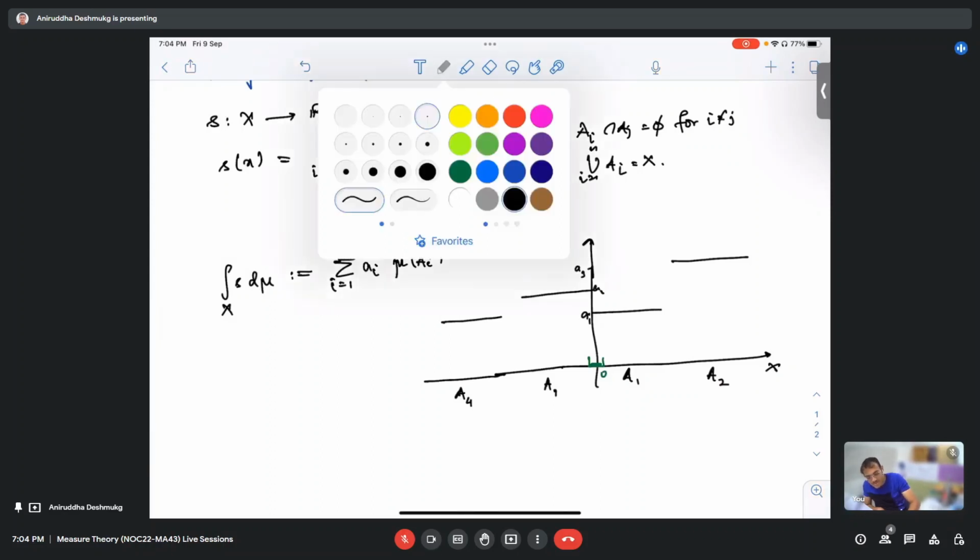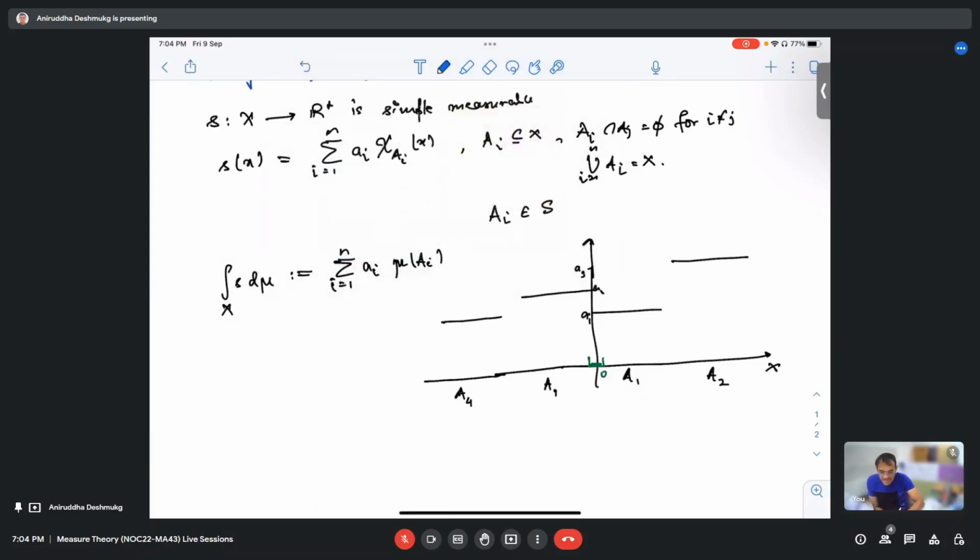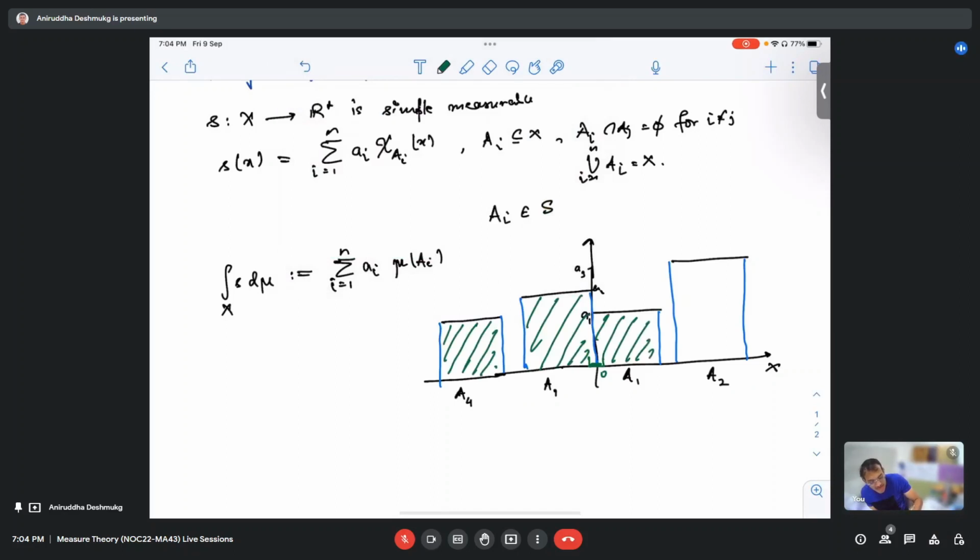So what we are doing is, if we are saying that let us look at the sum of a_i into mu of A_i, we are looking at these rectangles. So I have missed something in between, but yeah, that can be considered as 0. So let us look at this area of these rectangles, add them up.